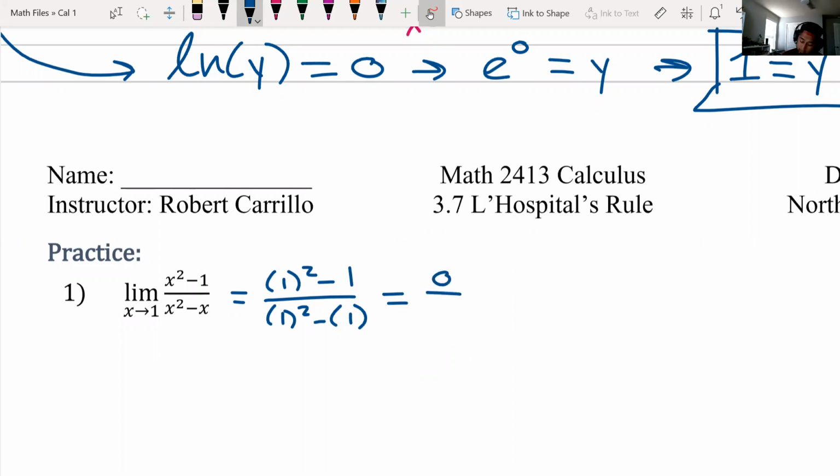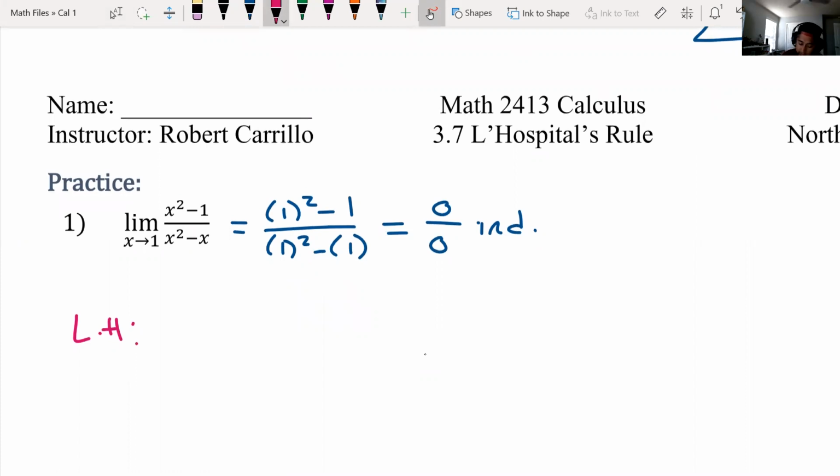0 over 0. Indeterminate. L'Hopital's. Do we want to? Yeah, why not? We can use L'Hopital's. Or you can actually fix this, because you see the numerator and denominator, you could what? It's fine.